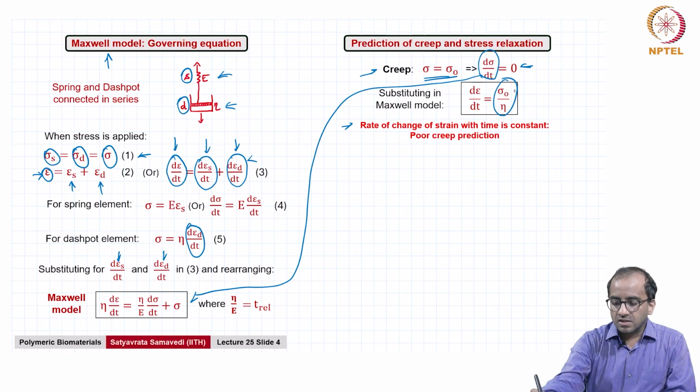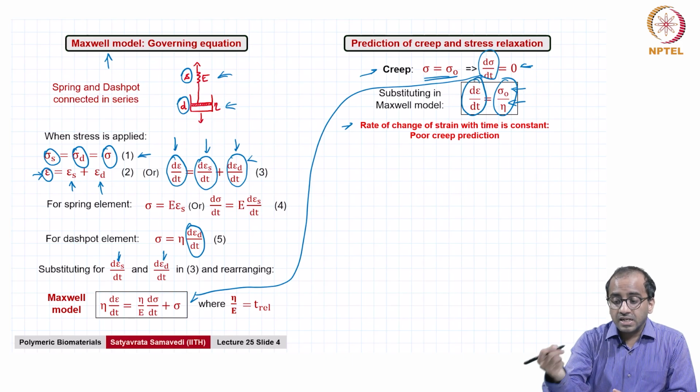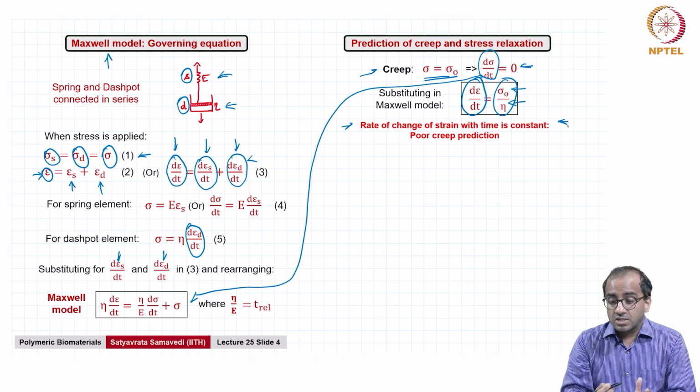Sigma naught is a constant, and eta only varies as a function of temperature, and because temperature is fixed here, which is one of the assumptions we have implicitly made, sigma naught over eta is going to remain a constant. That means that d epsilon dt is going to be a constant, which physically means the rate of change of strain with time is a constant, and we already know that is not true for polymers, as we have seen earlier.